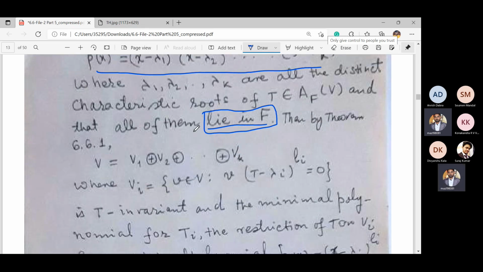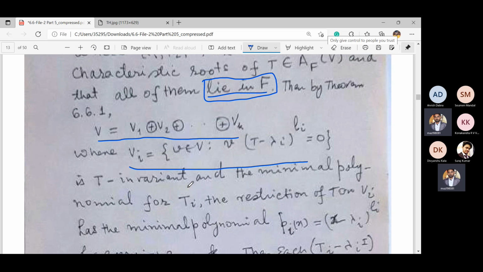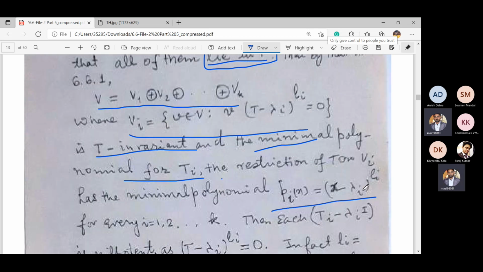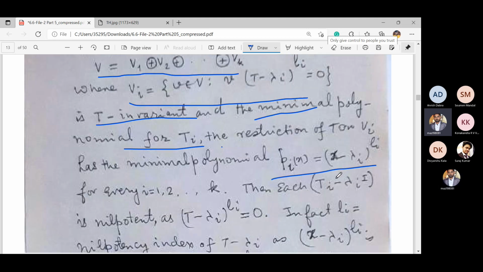So by the above theorem that we have discussed earlier, V can be written as the direct sum of V1 to Vk, where the Vi's are the vectors which are annihilated by (T minus lambda I) raised to Li. This Vi is T invariant, and the minimal polynomial for Ti is Pi(x). Here Ti is the restriction of T over Vi for all i from 1 to k.